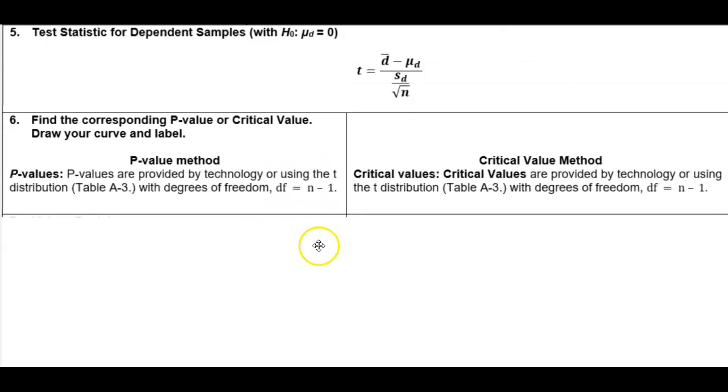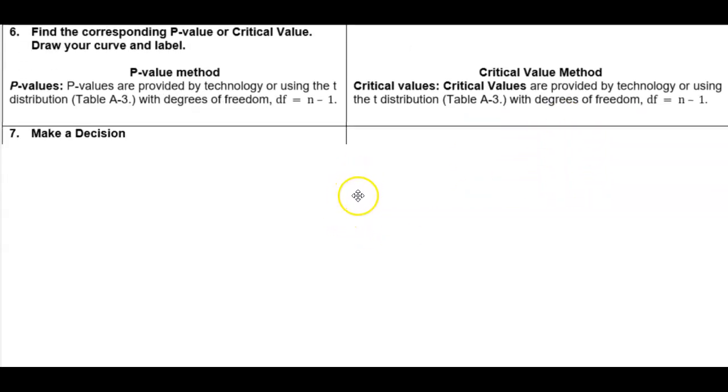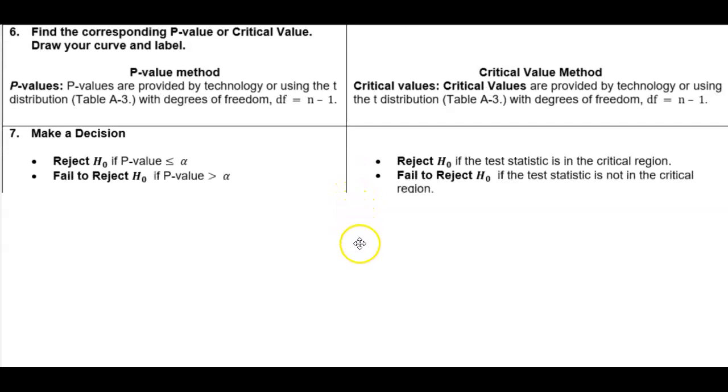For the p-value method, the p-values are provided by technology or using the t-distribution table A3 with degrees of freedom, where degrees of freedom is equal to n-1. In the critical value method, critical values are provided by technology or using the t-distribution table A3 with the degrees of freedom being n-1. Number 7, making the decision.